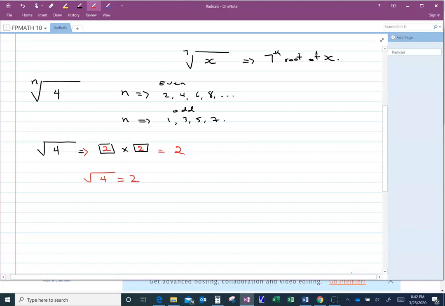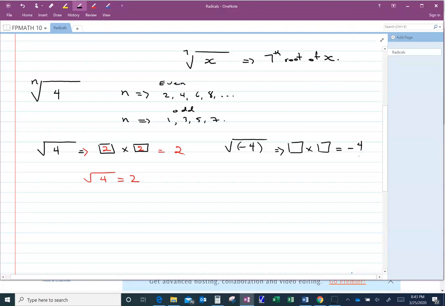Excellent. Now, how about the square root of -4? That means what number times itself twice will give you -4.